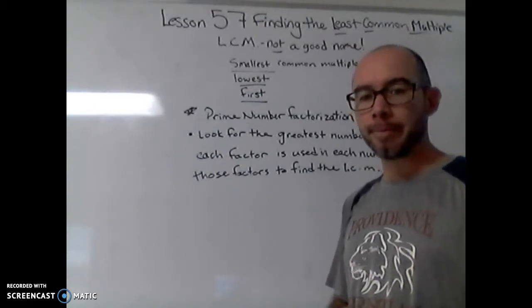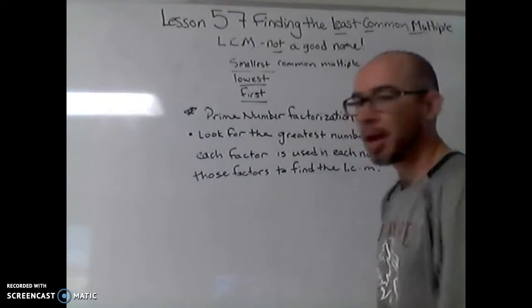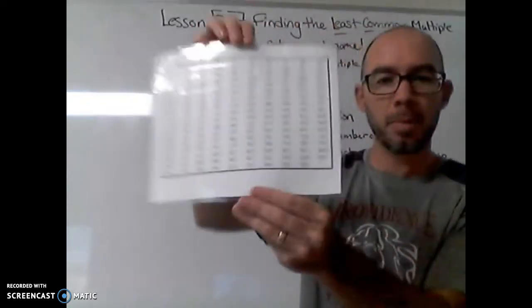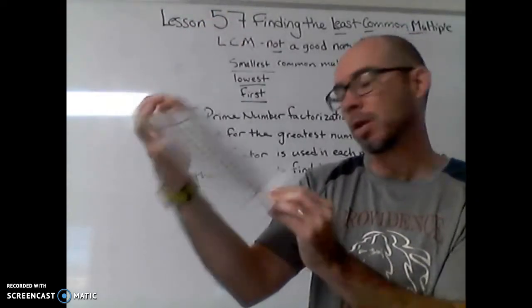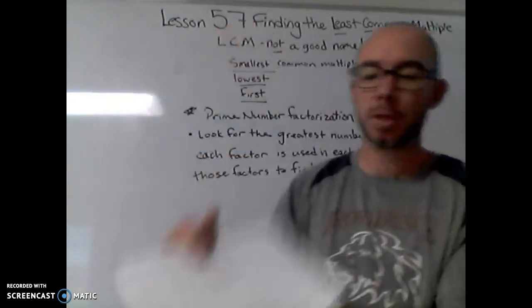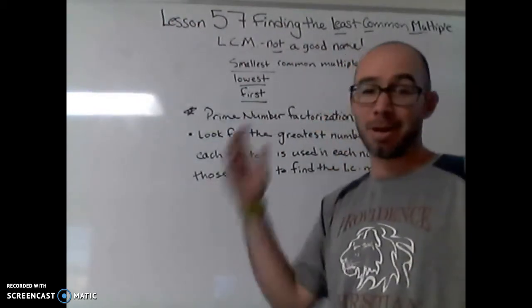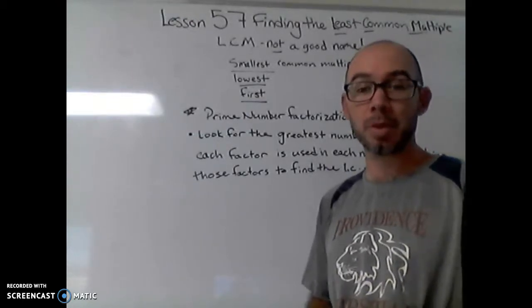Okay, so we're going to talk a little bit today about prime number factorization. If you don't have a list of prime numbers, you need one, and you probably need it framed on the wall. I've got mine right here, all the way from 2, the first prime number, up to 997. That's always something I'm staring at, so I can break things down and use a sieve of Eratosthenes, or some way to break a number down into the basic building blocks.